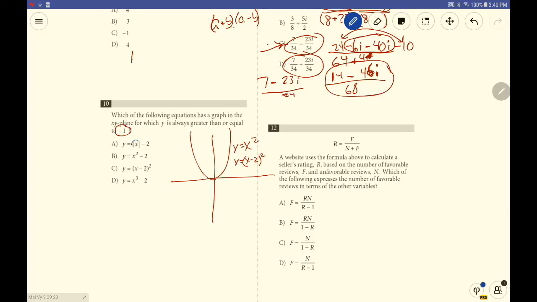Absolute value is always 0 or greater. So when the absolute value is 0, then minus 2, that can go down to minus 2. X squared can go down as low as 0, so we subtract 2 and it can go down to negative 2. X cubed actually can go anywhere from negative infinity to positive infinity, so that certainly goes below negative 1. And here it is. This expression, x minus 2 squared, can never be less than 0. Anything squared can never be less than 0 in the real number system. So that's the one.